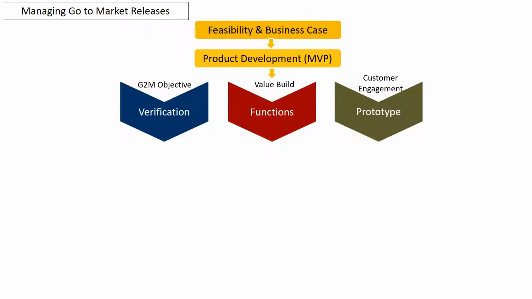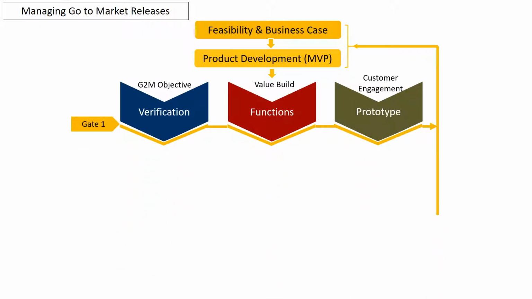Based on iterative type sprints with these customers, the product specification is refined and prototype adjusted to more reflect the market requirements. To proceed to the next stage, the gating criteria for the verification stage must be achieved.